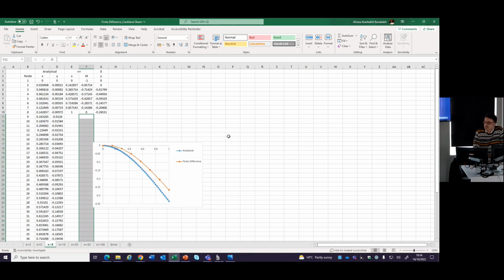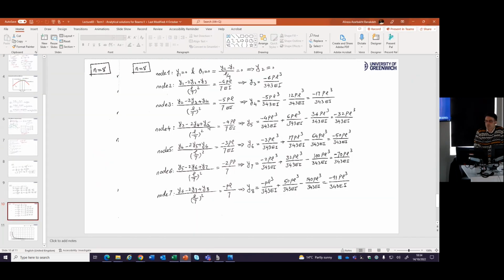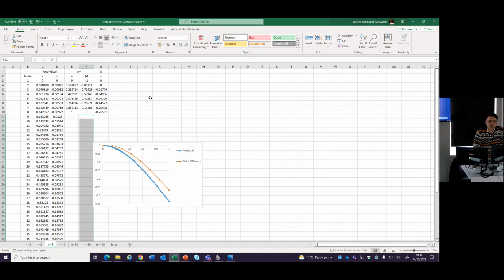With 8 points, a little bit better. Not satisfactory. Still, 8 points has too many calculations to do, see? If you want to do this on a sheet of paper, it's a hassle, isn't it? So that's why we are going to use Excel. It's really easy to go through Excel to do this.